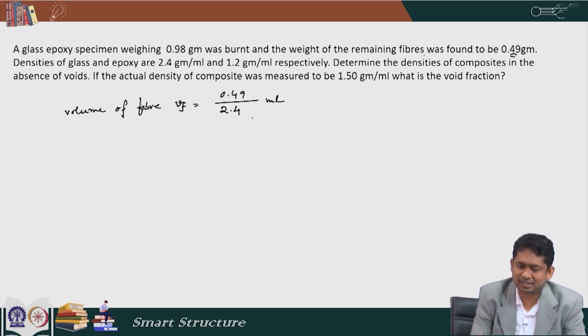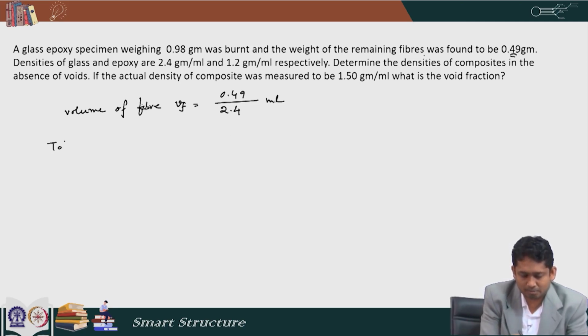Now, if we take the volume of the matrix, which is unknown to us, and multiply it by the density of the matrix, then we get the weight of the matrix, and the weight of the matrix and weight of the fiber gives the total weight of the composite. So, in this entire equation, our only unknown is the volume of the matrix, which we can find by solving this equation.